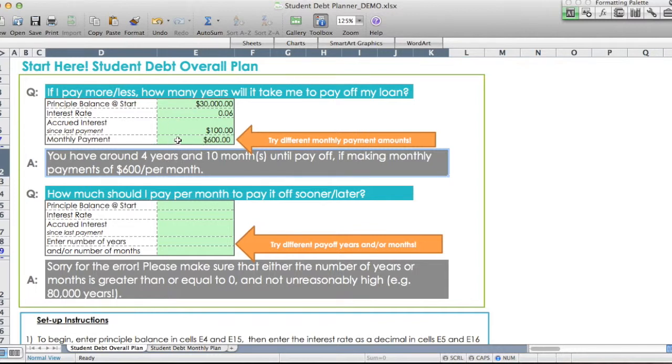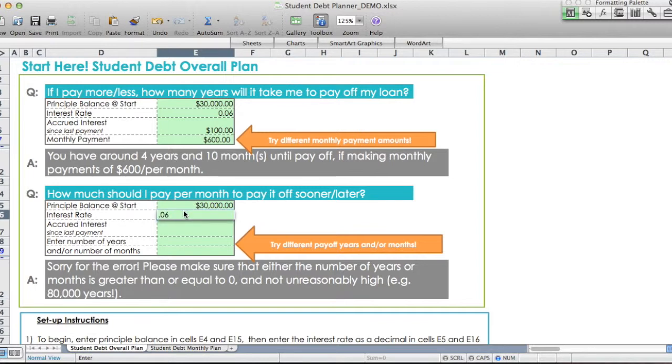If this isn't enough for you, if you're saying, yeah, I can pay $600 a month, but 5 years, that's just not cutting it for me, I need it sooner, that's when you can come down here and start to answer questions around your time constraint. And so we'll enter in similar information as above because it's the same loan, we just have a different question in mind.